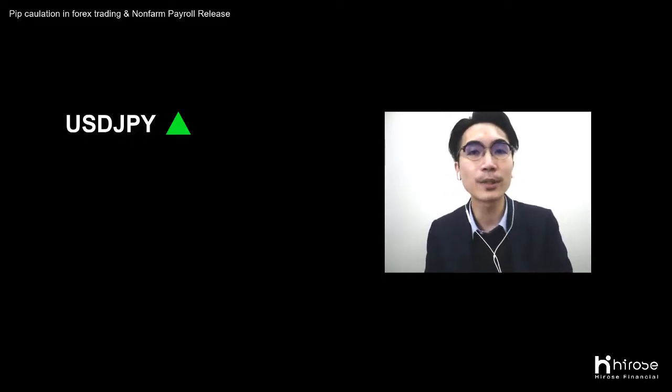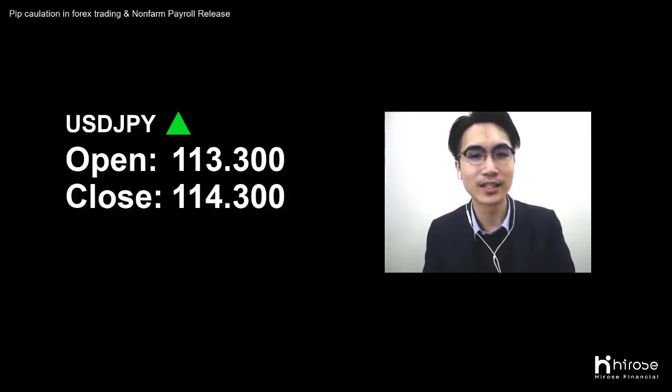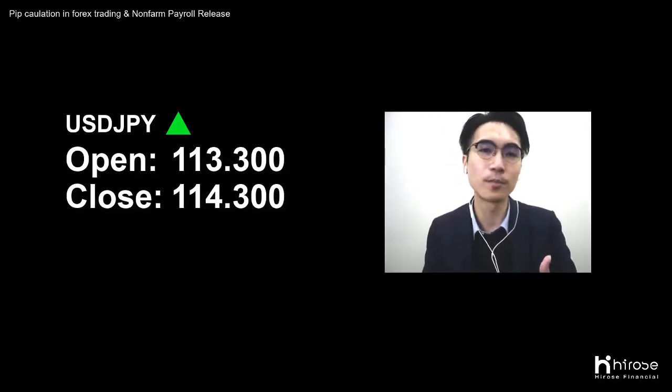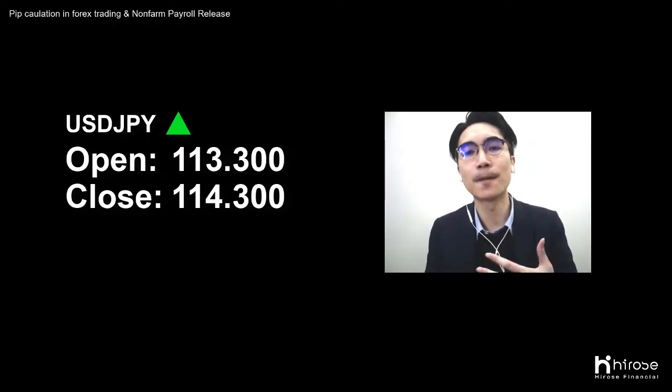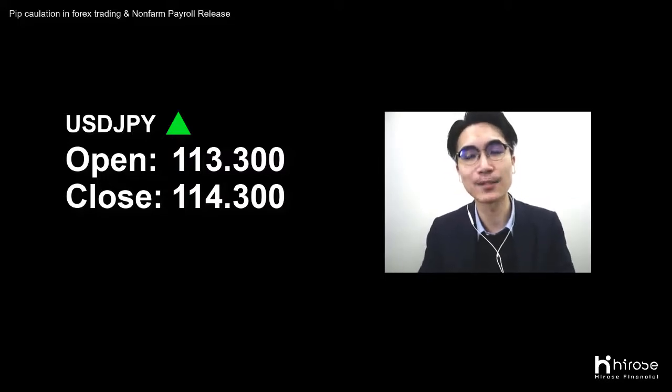For example, if I traded US dollar and Japanese yen, and I expected the currency pair is gonna go up, the price is gonna rise, then I buy US dollar and Japanese yen. So when I buy, the price of open is this much here. After one day, the US dollar and Japanese yen actually goes up as I expected.